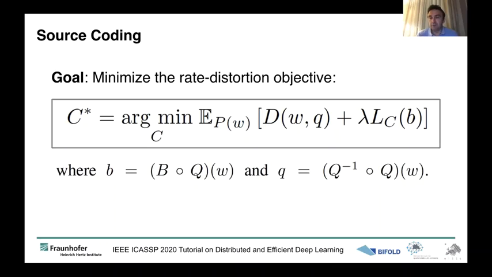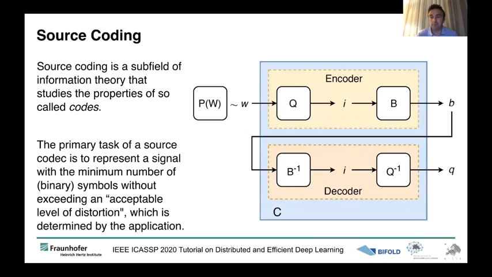And you get the reconstruction Q by inverting the binarization process, and then also inverting, in some sense, the quantization process. But the quantization process is lossy, so in most cases you cannot invert it perfectly.